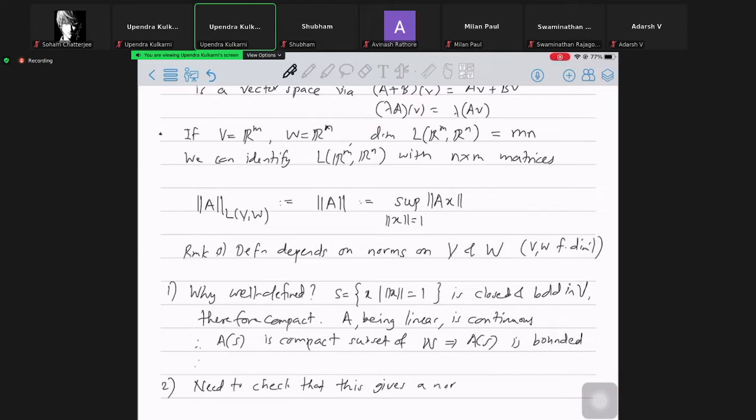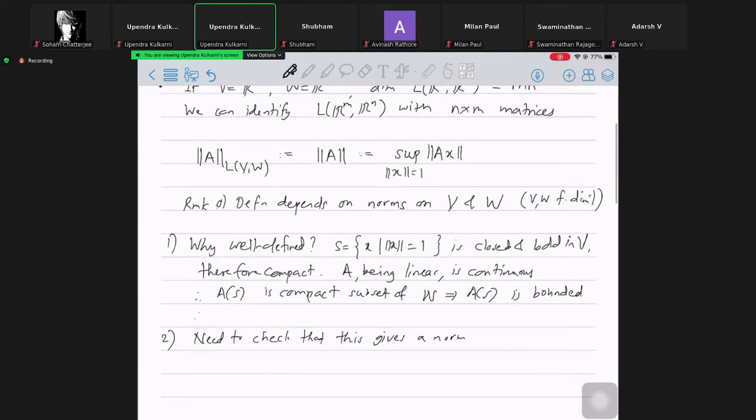It's pretty clear that it is non-negative, and that when you multiply the argument by a constant factor, that gets taken out. But what we need to check now is the triangle inequality.